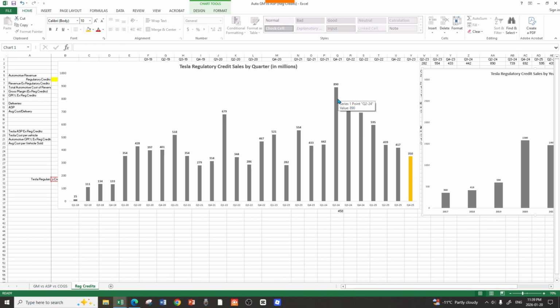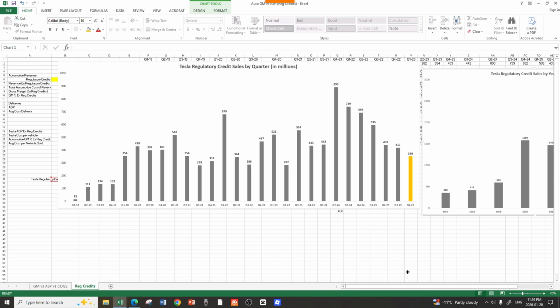Now, in Q3 there was a bit of a decline, 417 from 439, but I think a lot of those automakers were locked in at that point and had to pay Tesla. They couldn't back out. But in Q4, we're going to see a big decline. This is probably the first quarter where we see the real effects of this regulation.